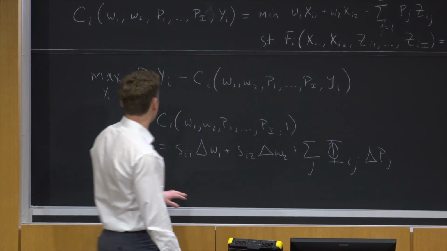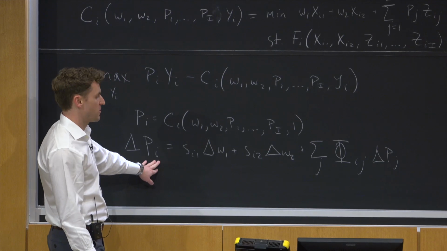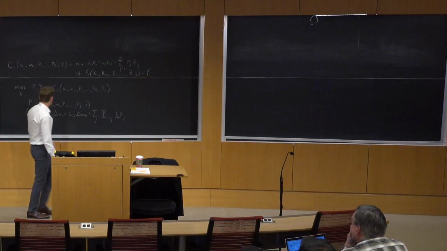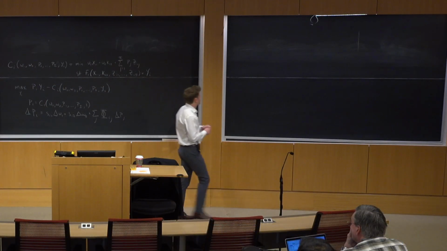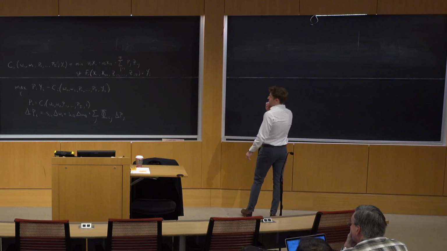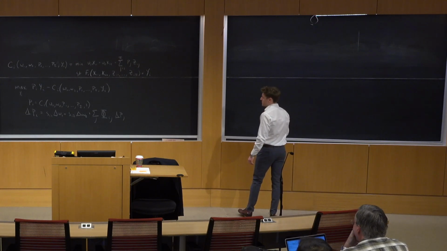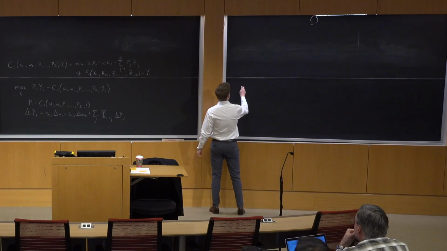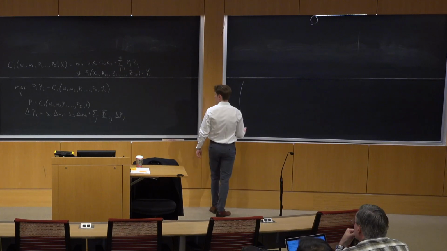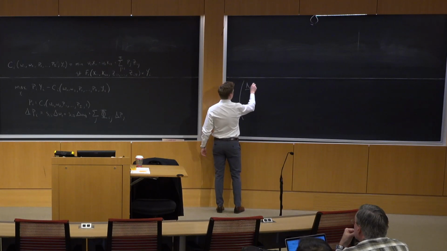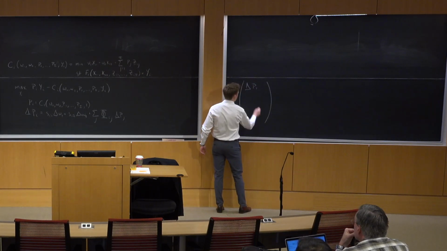So to see that, let's rewrite this equation first. I'll use this board because this is going to become a large equation quite quickly. So delta P1 will be the first entry in this matrix.